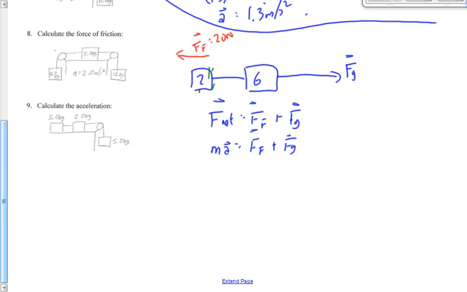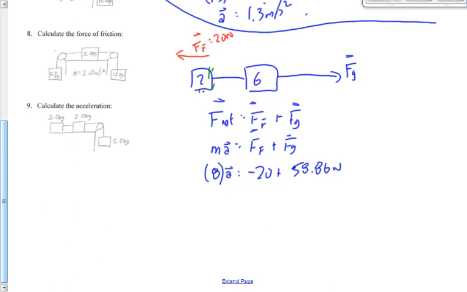Okay, well, what's the mass that we use there? 8, good. The total mass, because the total mass is being accelerated, good. Force of friction, we're going to make negative 20. And the force of gravity, we're going to make 6 times 9.81, which was 58.86 newtons.